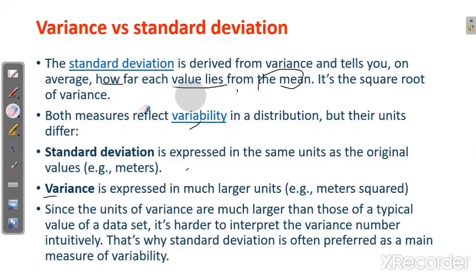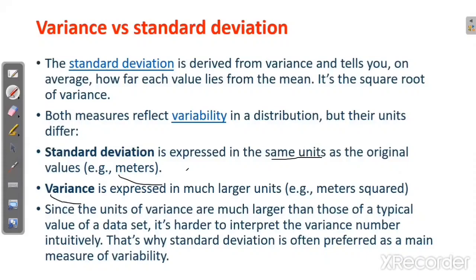And the reason we go to the standard deviation in spite of the variance is that the standard deviation has the same unit as the original values. For example, if we take a set of values showing length, the unit is meter, so the standard deviation unit is also meter.